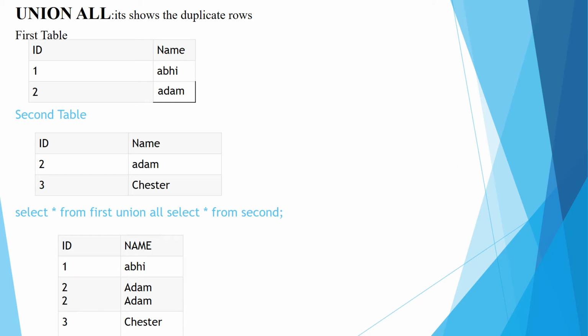Union all shows the duplicate values also. Duplicate values are repeated values in the table. Like in union, ID 2 and name Adam is a repeated value in the first table as well as the second table. So these duplicated values are shown in the resultant table.